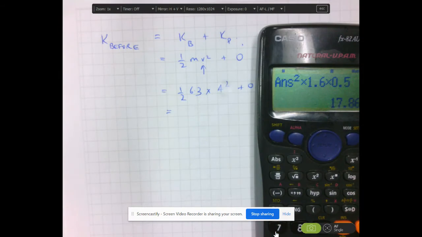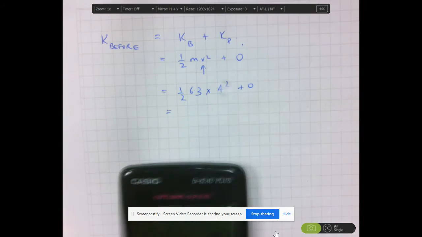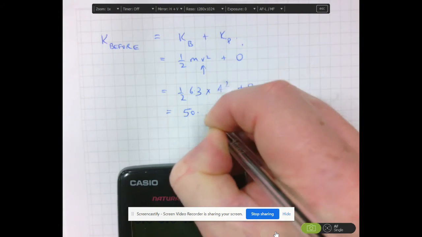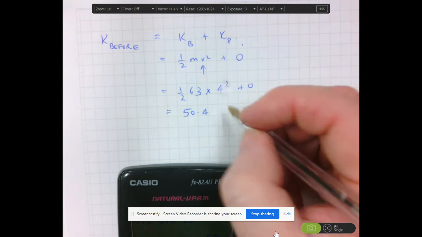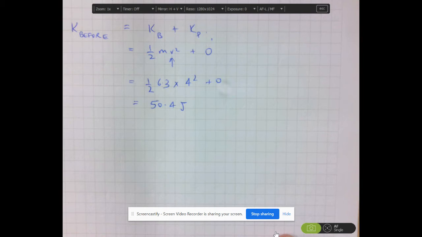So calculating that, which is 0.5 times 6.3 times 16. So it's 50.4 joules before.